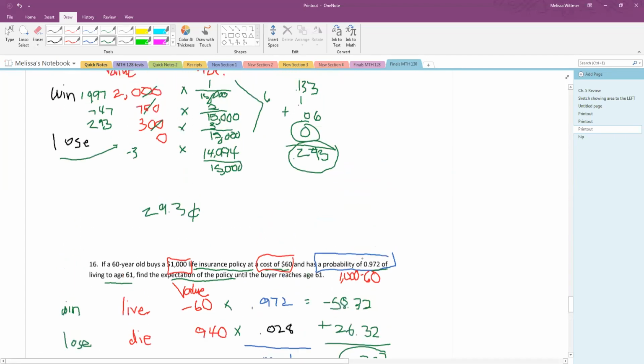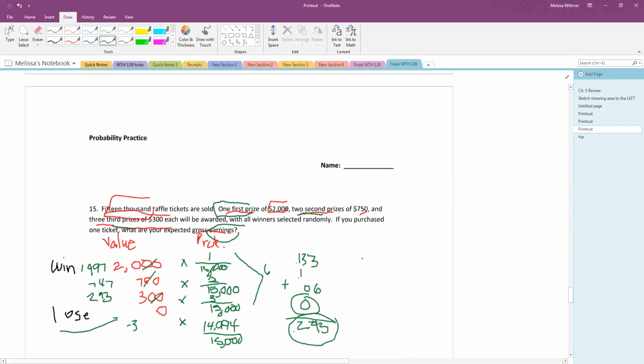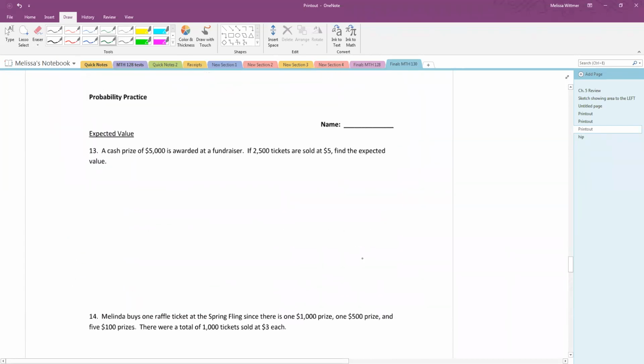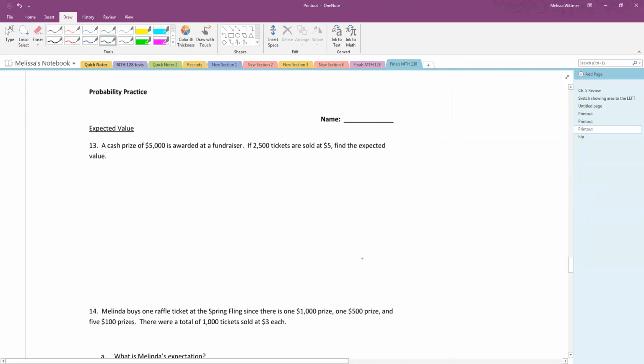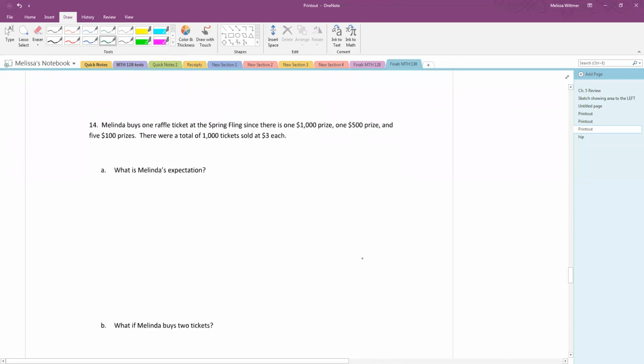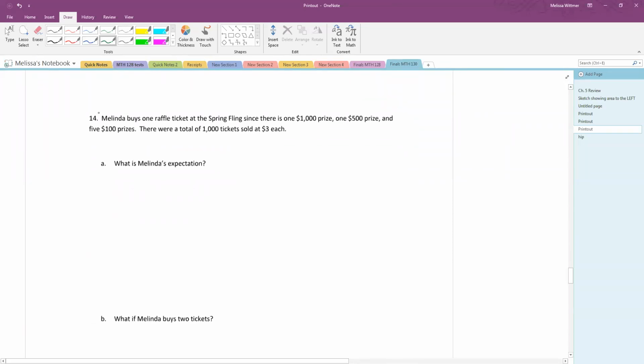Okay, so good comparison of two different kinds of expected value questions. The previous page has additional practice. We've got like a minute left. I'll go ahead and set up 14 just to see, since it's got two different steps there. So Melinda buys one raffle ticket and there is one $1,000 prize, one $500 prize, and 5 $100 prizes.